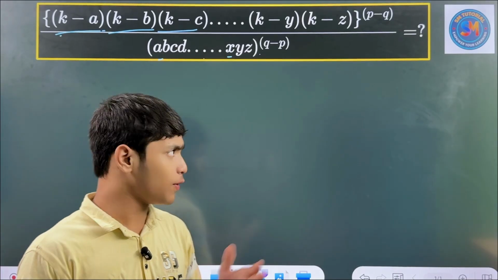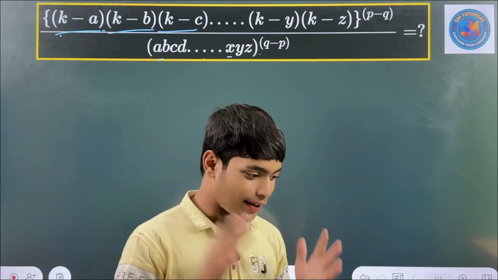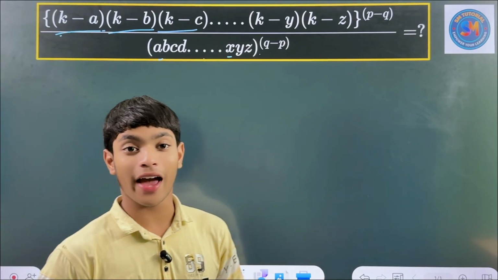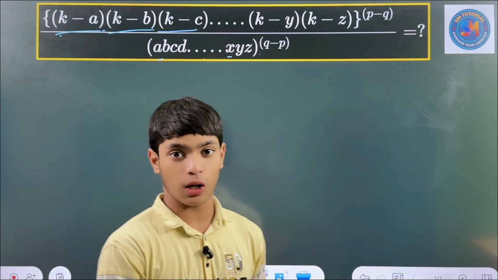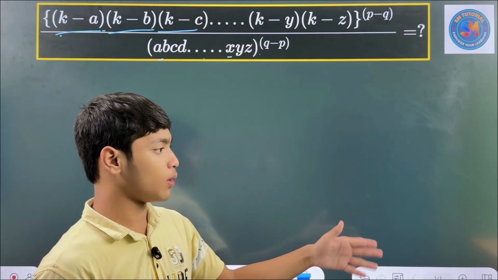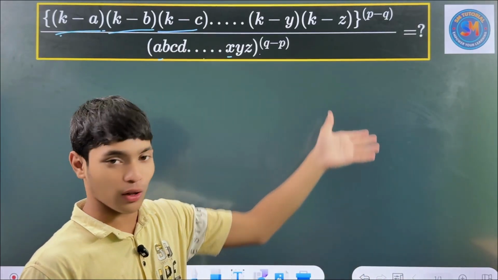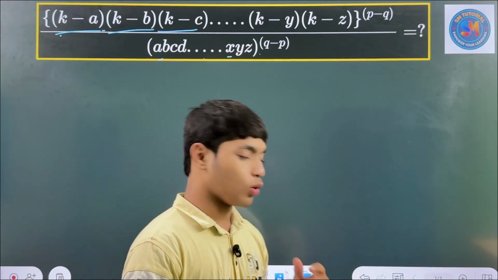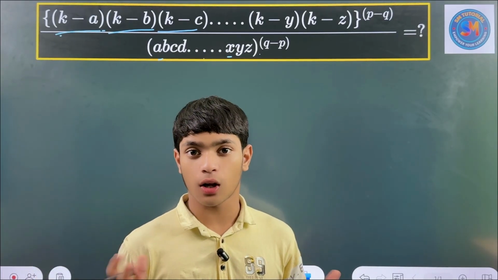No. If you put in values, you will need so much time to solve this, maybe an hour or two for just one problem. So don't do that. You have to apply the logic to solve this.